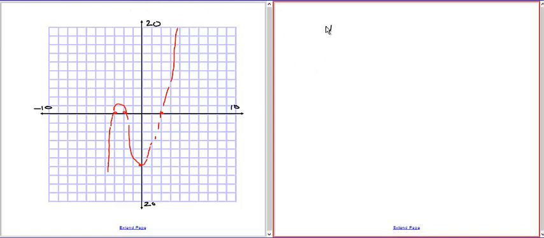Okay, we've got f of x is x cubed plus 4x squared minus 9x minus 36.